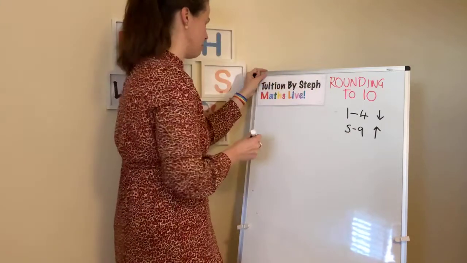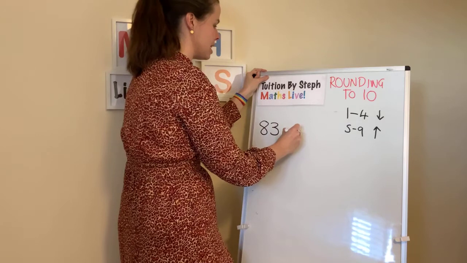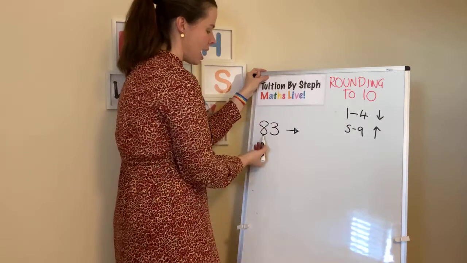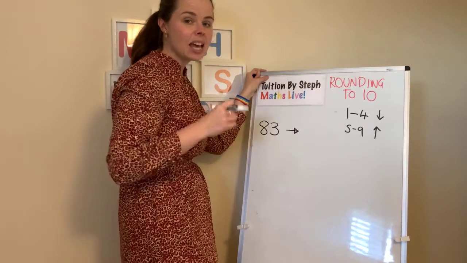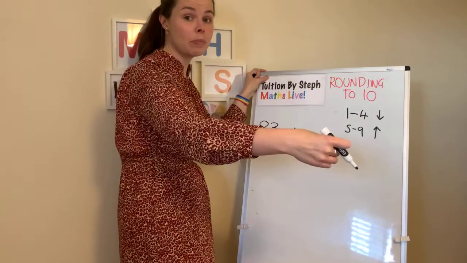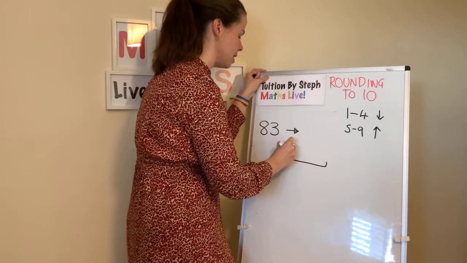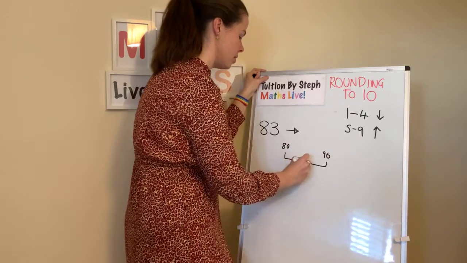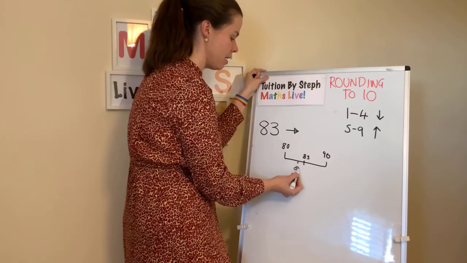So if I give you an example, say if I say 83, and we're doing it to the nearest 10, 83 is closer to 80 than it is to the next 10 up, which is 90. If I did 80 and 90, there's 85. So 83 is about here.